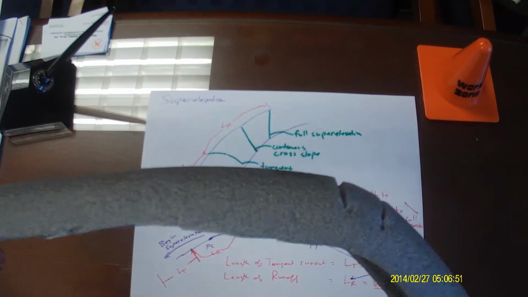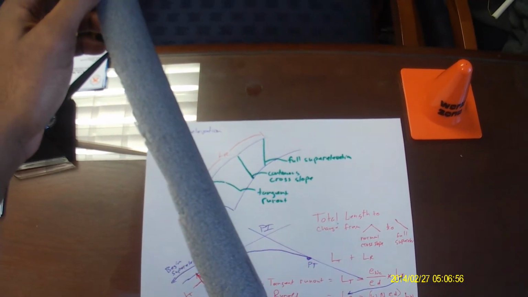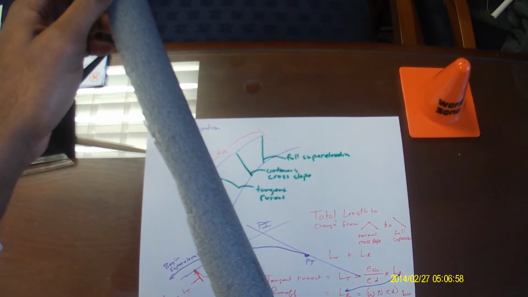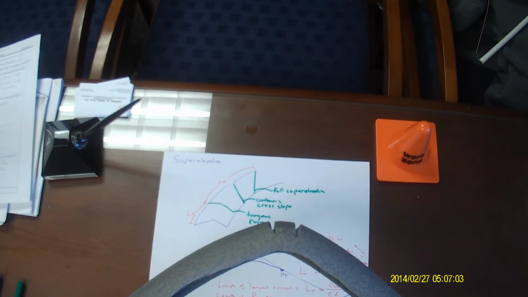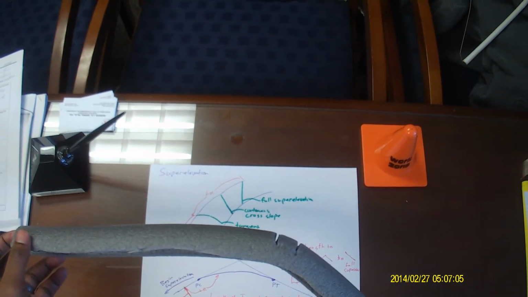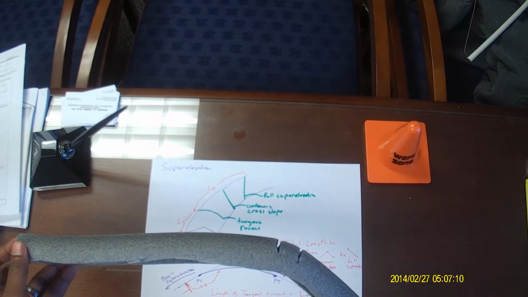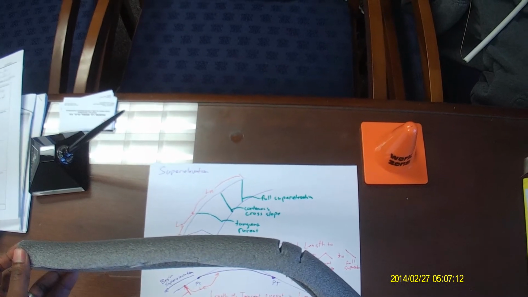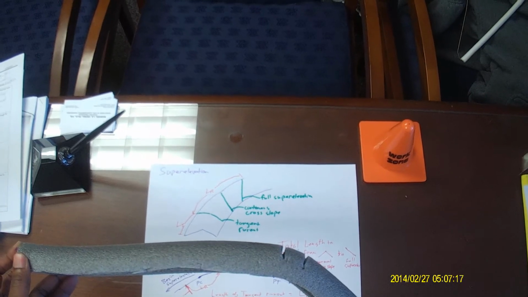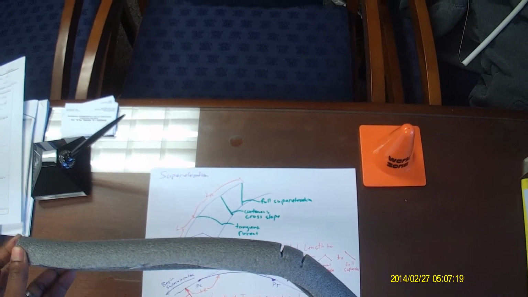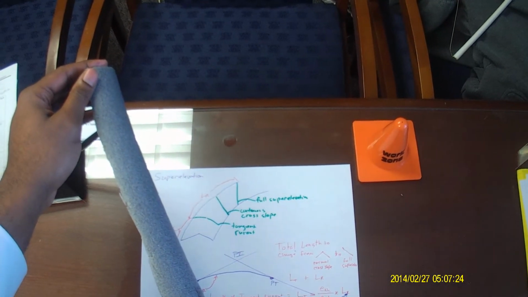The length required to go from here to here is your L sub r. One more time. The length required to go from a normal cross slope to a length of tangent runout, where one side is at grade 0 or just level with the ground, that is L sub t. The length required to transition from an L sub t to a fully super elevated road is L sub r.